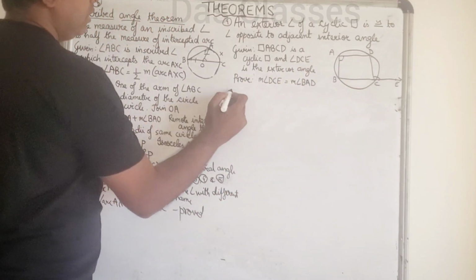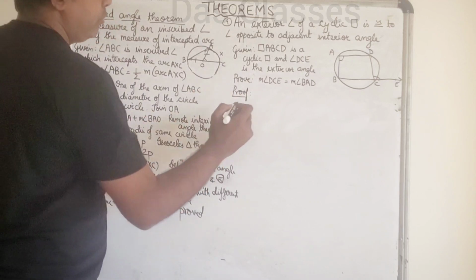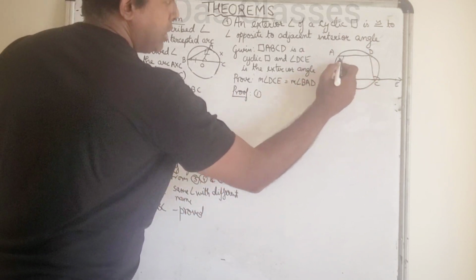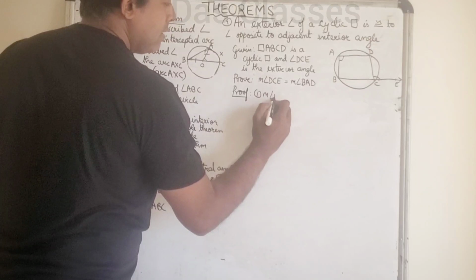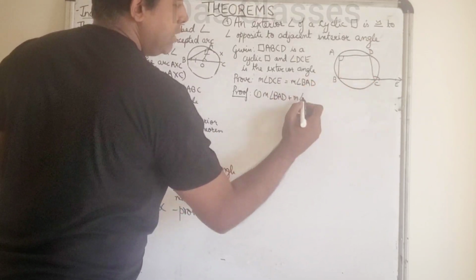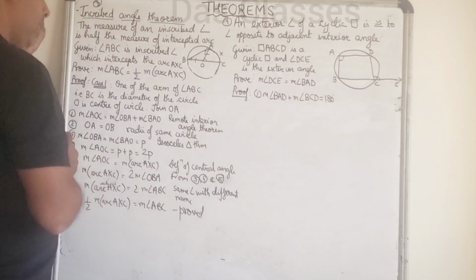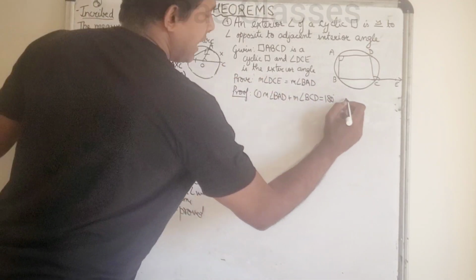So how do we prove it? It's a 3 steps proof, simple proof. First property, number 1: measure angle BAD plus measure angle BCD should be equal to 180 degrees. That's a property of cyclic quadrilateral.